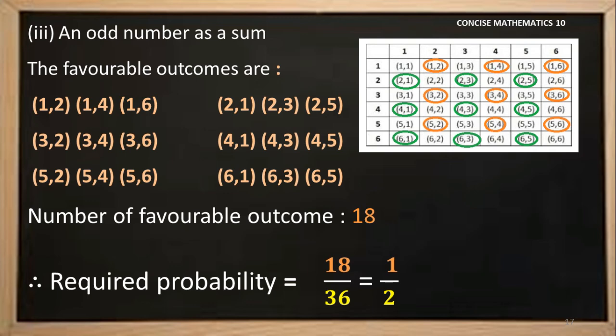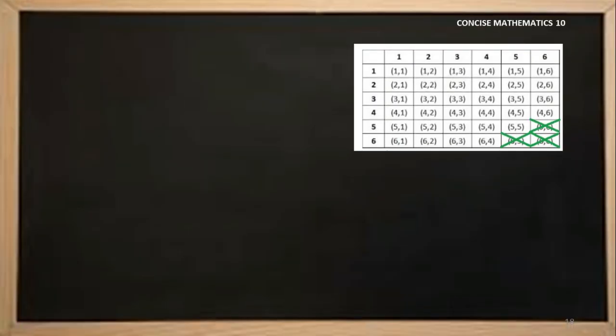And the fourth sub question is a total of at most 10. A total of at most 10 means minimum is not required, it is 0, but maximum is 10. The value should not cross 10, that is the meaning of the phrase at most 10.